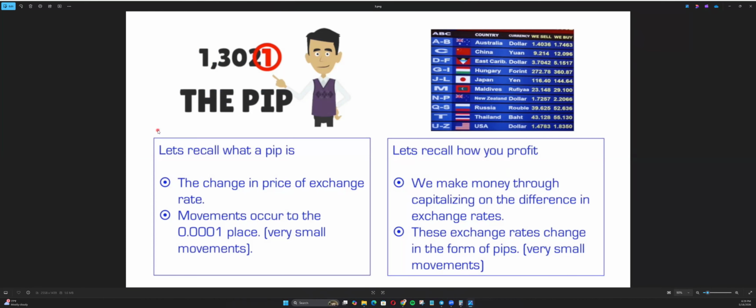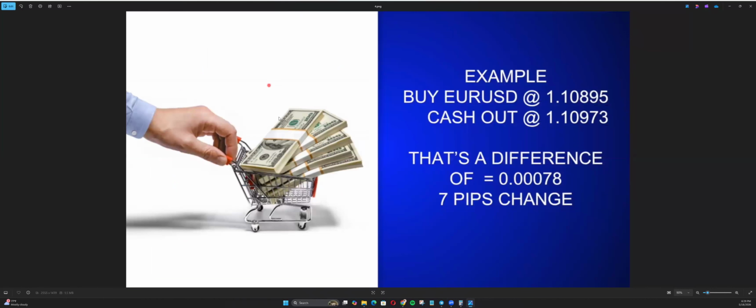Okay, so you remember when we talked about pips, right? When you did your calculations on pip, we used to talk about pip being the second decimal or the fourth decimal, depending on the number, right? Now, the same thing when you buy Euro USD at this and you cash out at this.